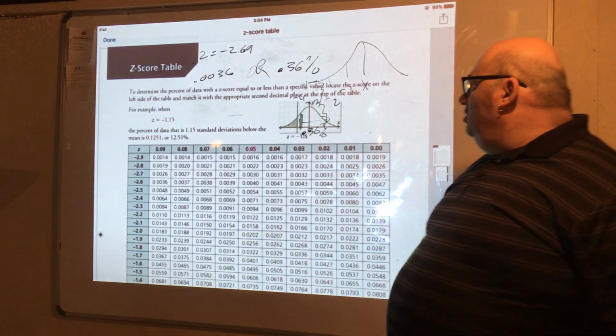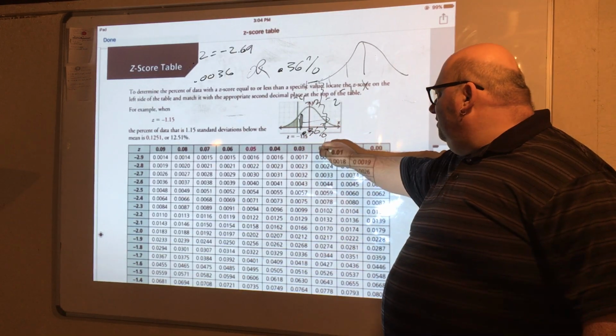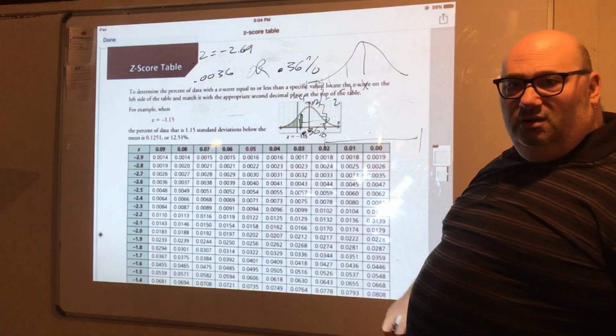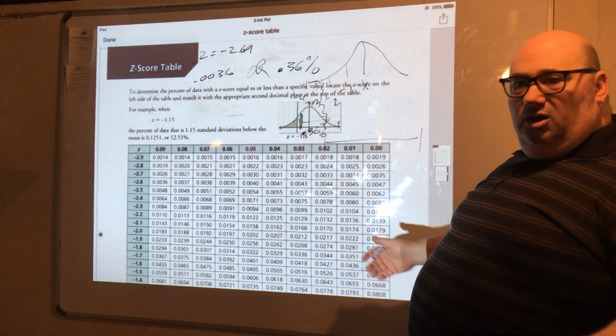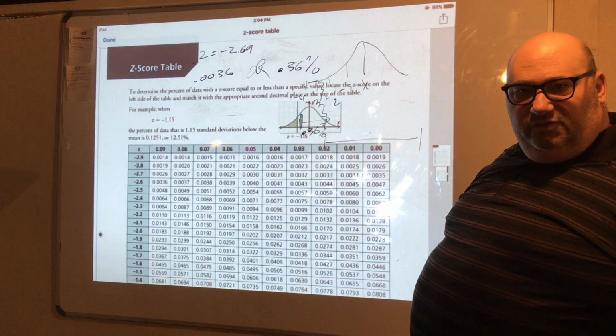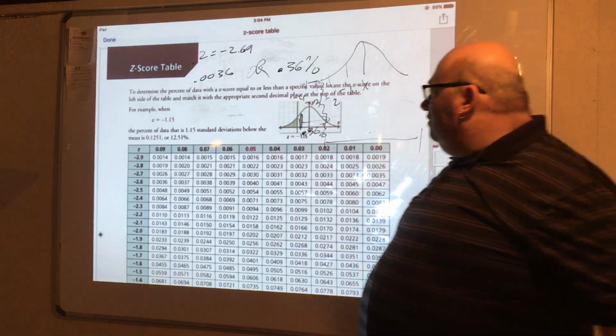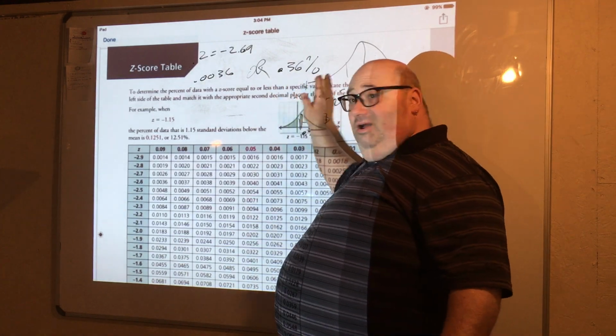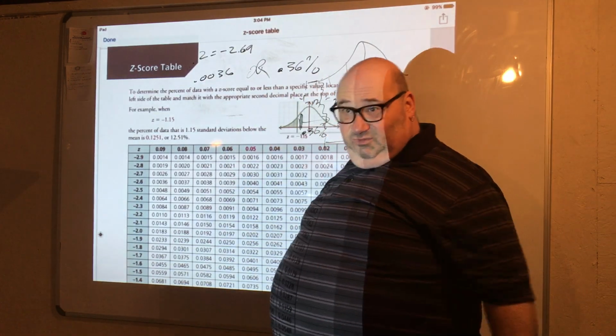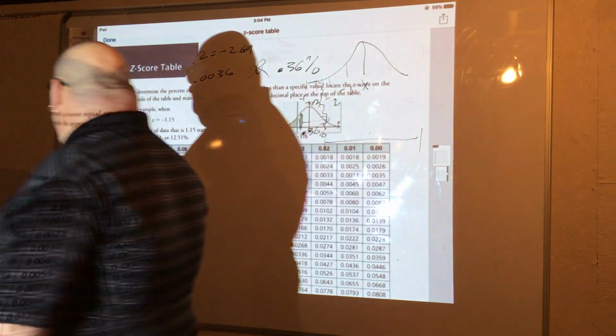So everything else from here to here will be 100% minus 0.36%. A z-score of negative 2.69, not a lot of items in that area, right?